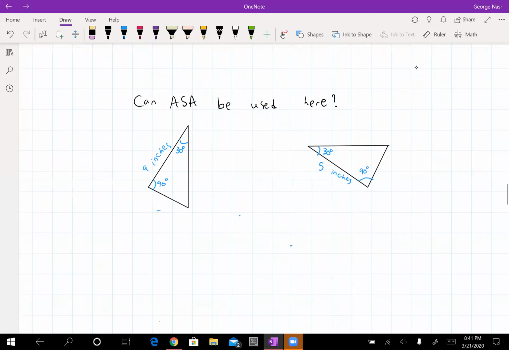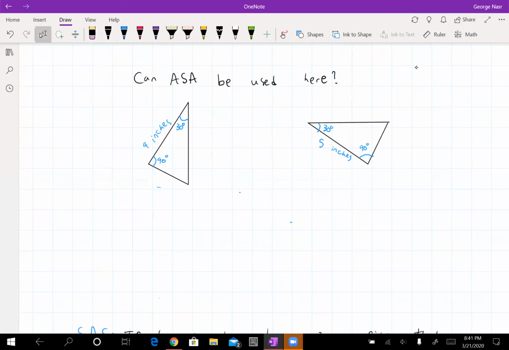All right. Can we use angle, side, angle here? So the answer is no, because even though we do have a side in between two angles in both cases, the side lengths are different.